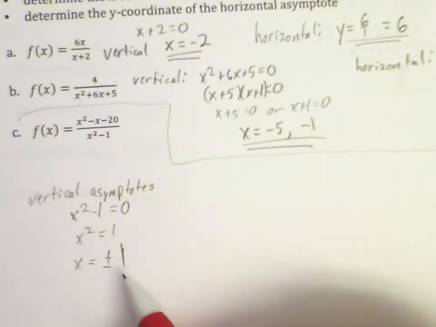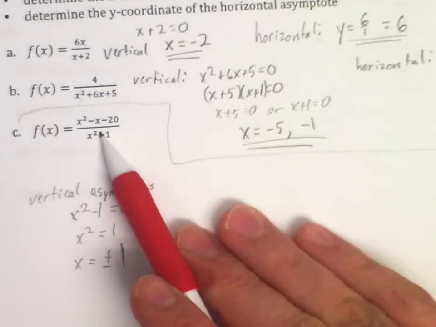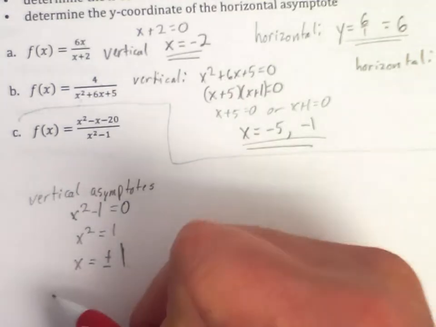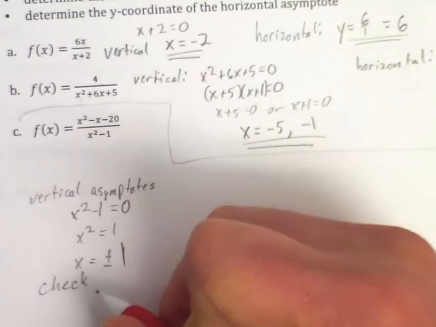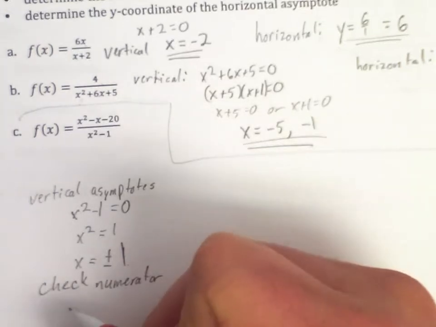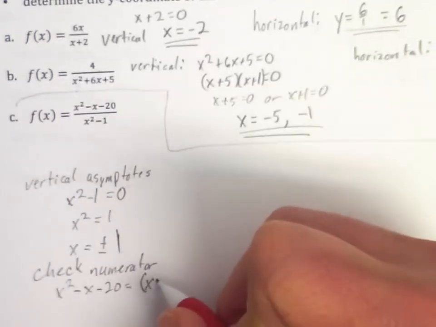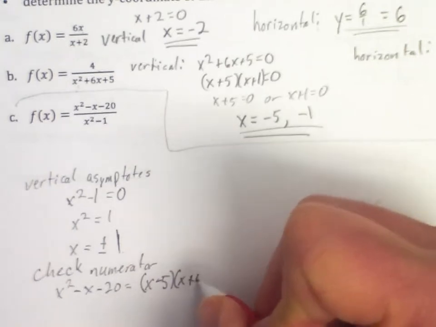We could guess that those are right, but since we have a different expression up top, we probably want to check that, because if we double check the numerator, we will get x squared minus x minus 20 equals (x minus 5) times (x plus 4).